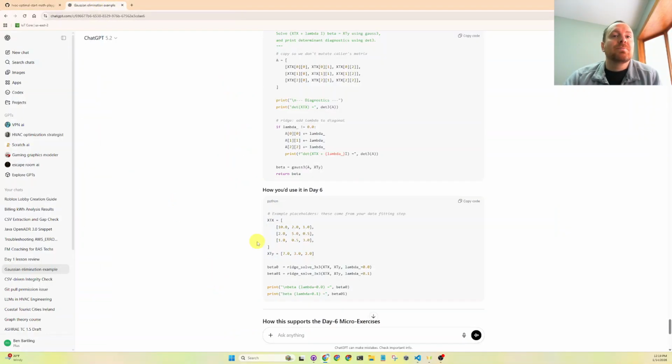Okay, so it would be using the lambda and solvers to smooth out the end product.